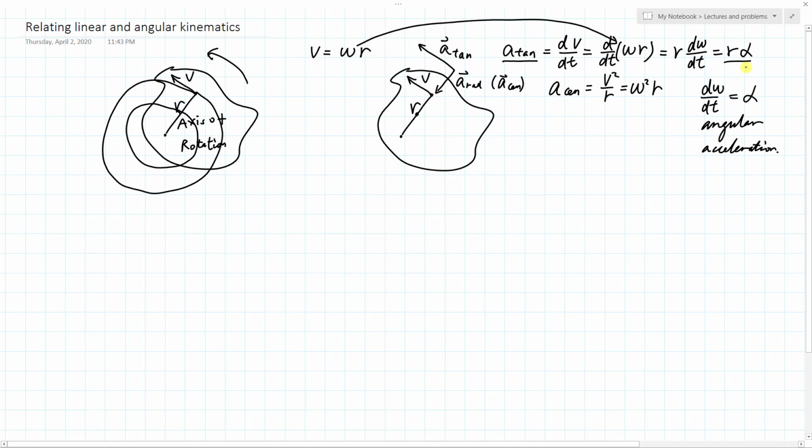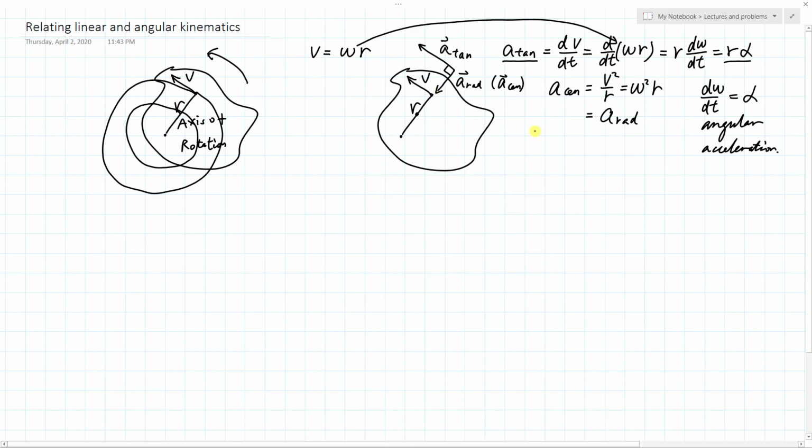So these two are related. And now we're defining the centripetal acceleration with a new symbol, a radial. Because of this diagram that I drew here, these two accelerations are perpendicular to each other. They each are responsible for one thing: this increasing the magnitude of the velocity, this changing the velocity direction to maintain the circular motion in place.